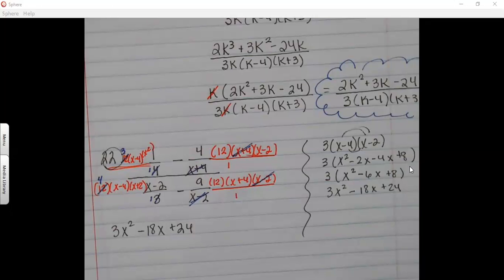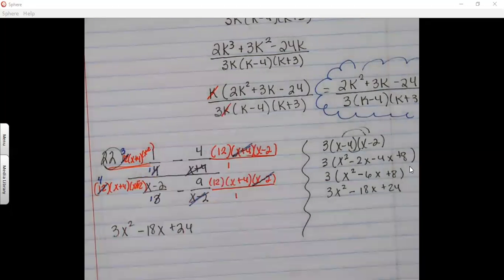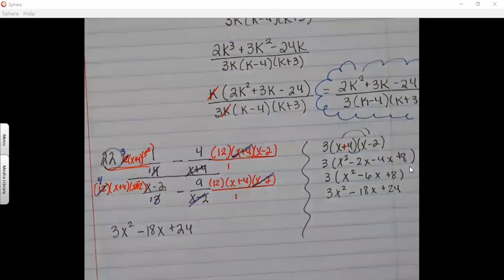So x plus 4, x minus 2, x plus 4, x minus 2. So that's going to change some things over here. It should be x plus 4 and x minus 2. So that's going to be x squared minus 2x plus 4x, which is x squared plus 2x.